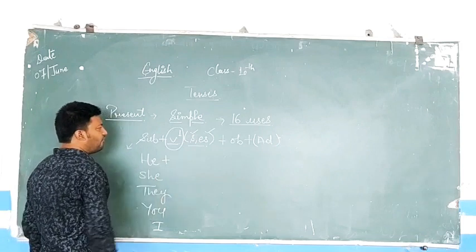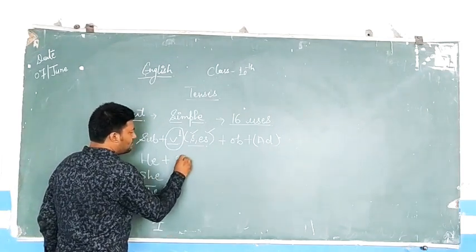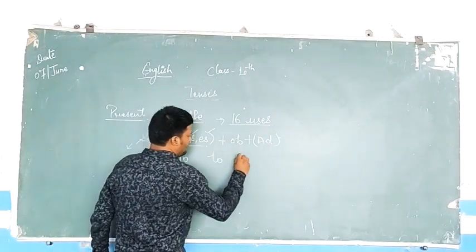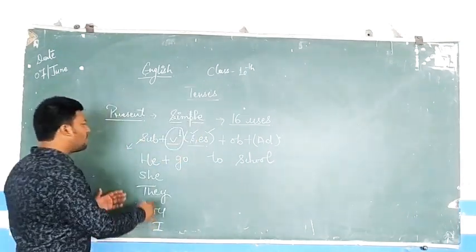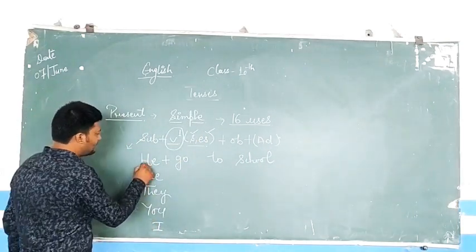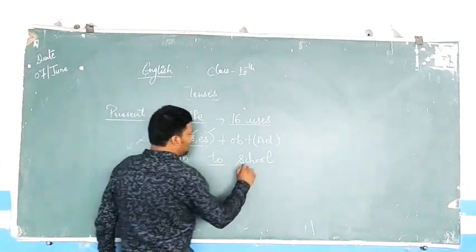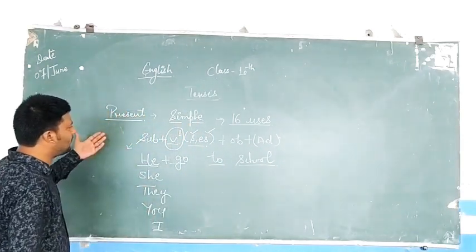Plus a verb, any verb, suppose go, and of course an object, to school. Just four simple words: he as pronoun, go as verb, to as preposition, and school as noun or object in the structure of the tense.